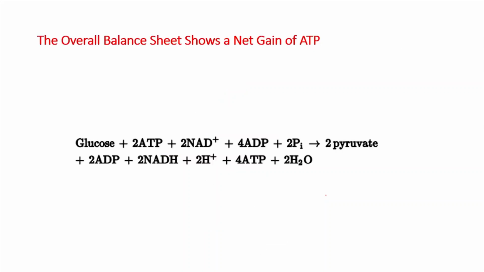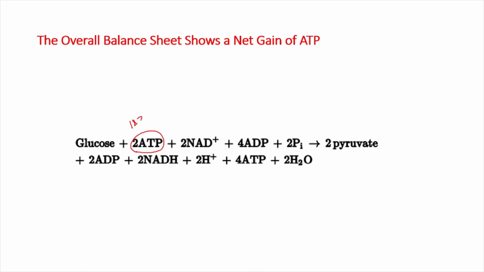So let us see the overall balance sheet of glycolysis. Here as you can see, you had invested 2 ATP molecules previously for charging or activating glucose. So you had invested ATP in glucose in step number 1 and in step number 3.